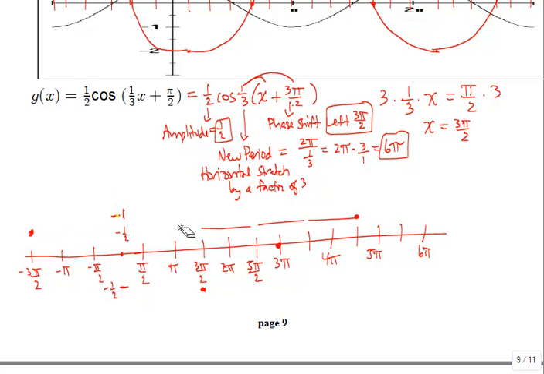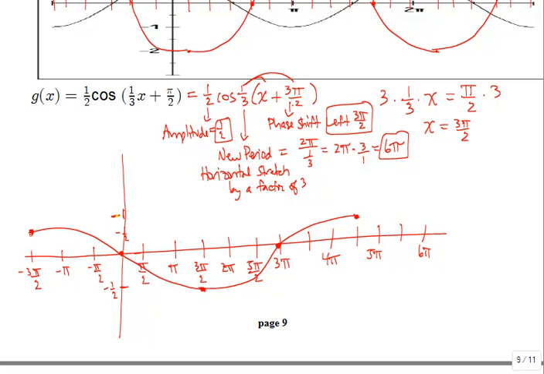Let me get some of these marks out of the way so we can draw our graph. So we now have 5 key points, and I'm just going to draw that U shape just like this. And there is my new graph, where the high points up here are going up to 1/2, and this low point is going to -1/2.